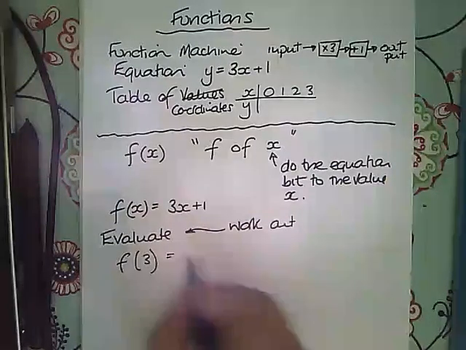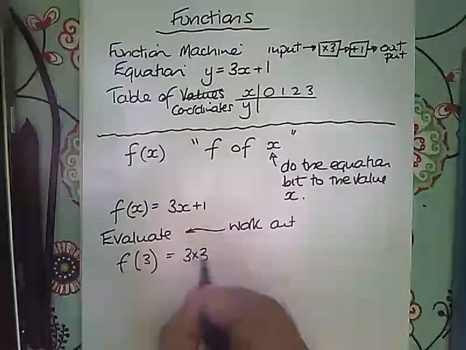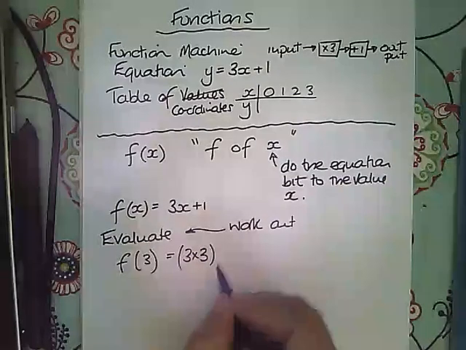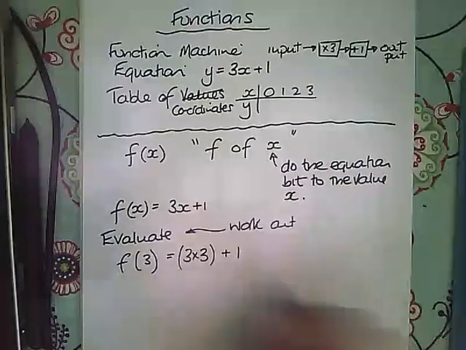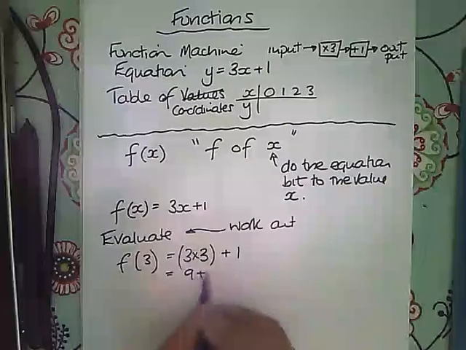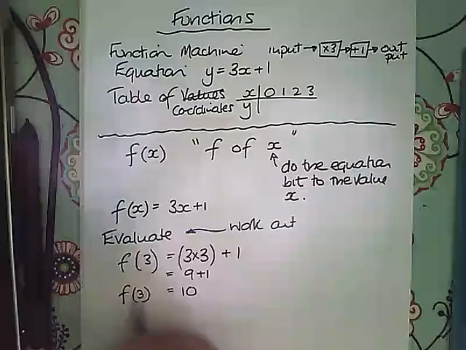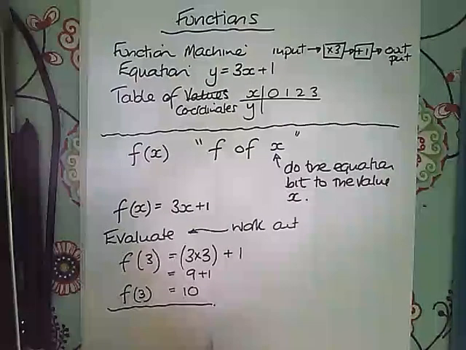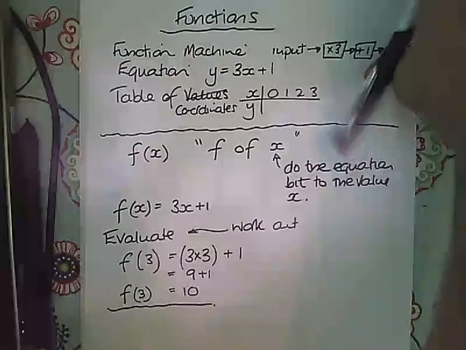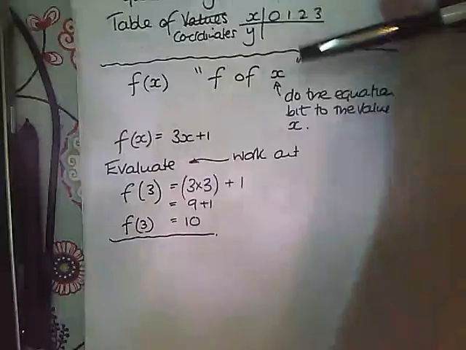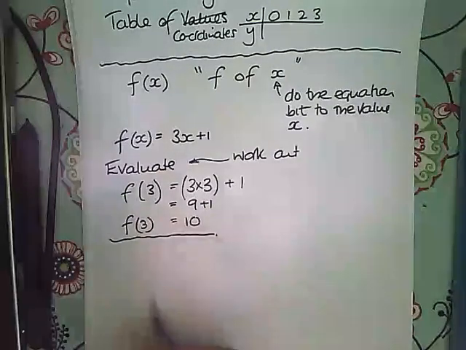But to start off with, we know that this means 3 times the value of x, then add 1. So we would write 3 times 3, probably put it in a bracket, and then add 1 onto that, which is 9 plus 1, which is 10. So f of 3, when I've put the value 3 through that function, I get the value 10. I can put any number I like through the function, I just have to make sure it's in this bracket.